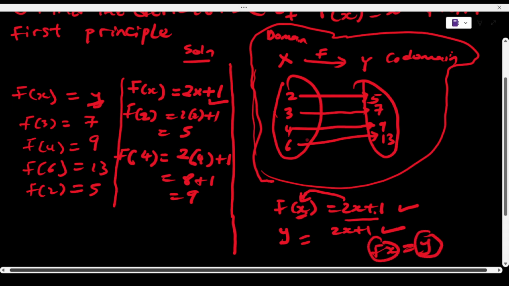Either f of x or y, they are the same thing, because the function is the domain and the codomain is the y. So they are the same value. The function of x will give us the value of y. In calculus, or in some topics, they can use it vice versa. Either f of x or y, they are the same thing. So that is what a function is.